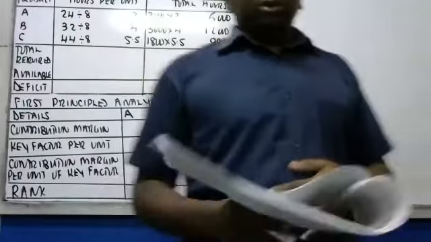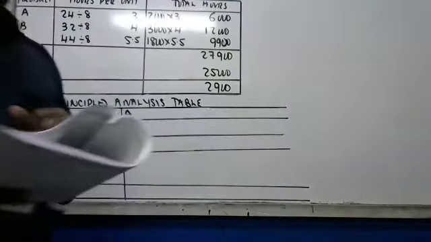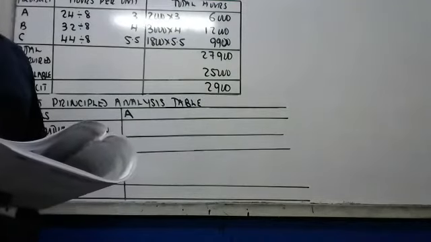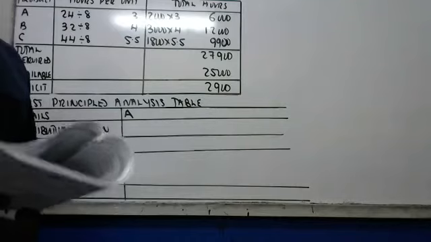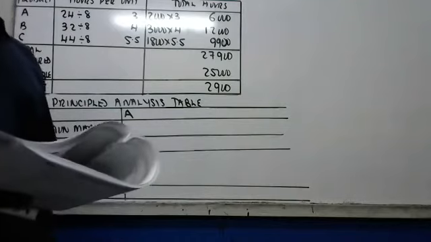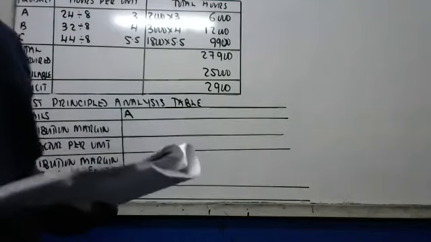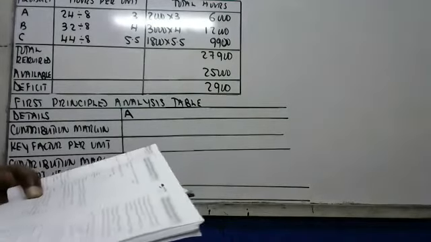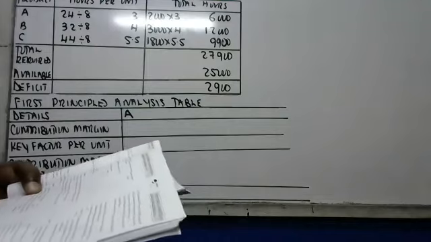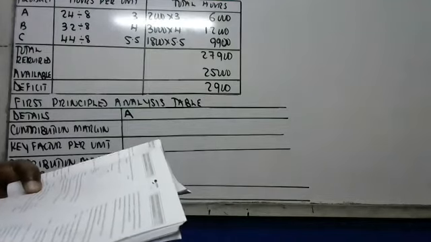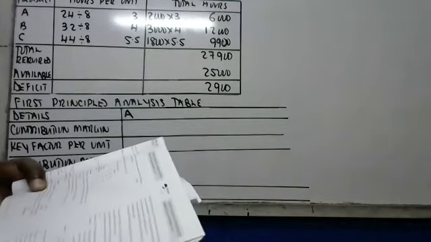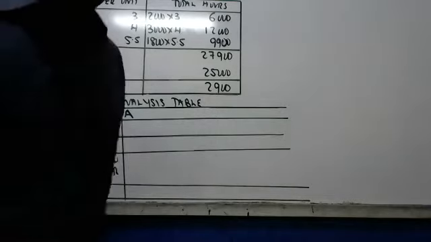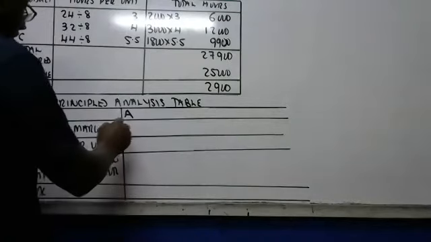So what you're going to do, starting with A, you take the selling price of 250 and subtract all those costs. So say 250 minus 16 minus 24 minus 40 minus 70, and give me the answer. Yes, good. We have 100.